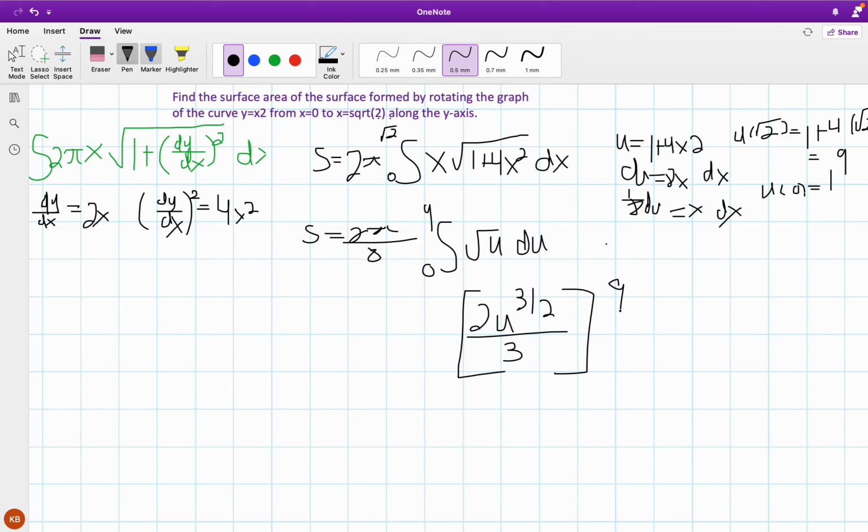Remember, our bounds are 9 and 1, and our constant is still left out of the equation, and we're going to simplify a little bit, so it's just going to be pi over 4, so the fraction is simplified.